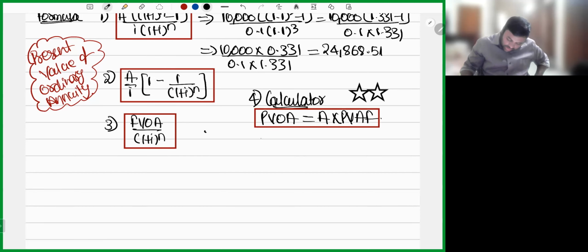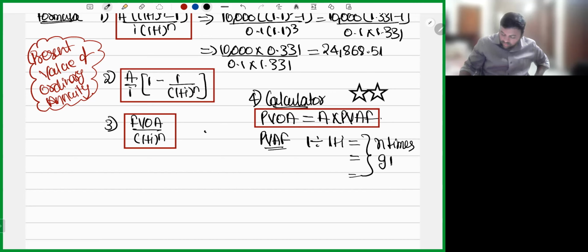So what is this present value annuity factor? Present value annuity factor will be 1 divided by 1 plus I, equal to symbol, n times and grand total. If you do this, you will get present value annuity factor. So simply, A into present value annuity factor will give you present value of ordinary annuity.